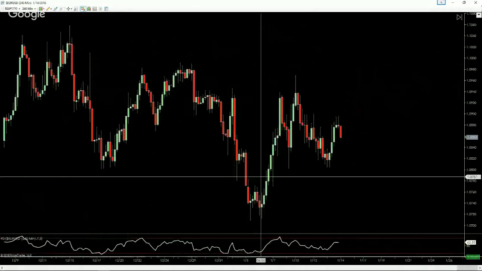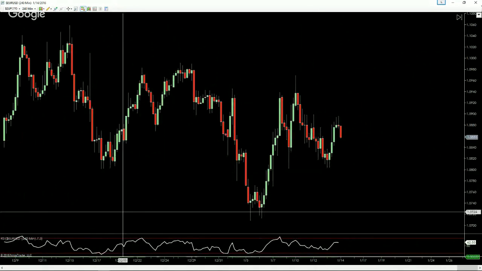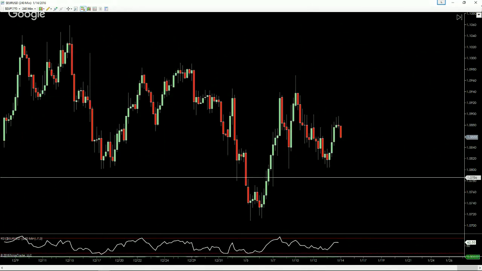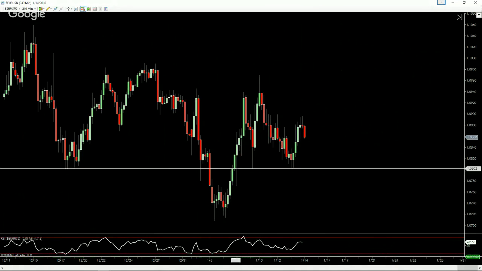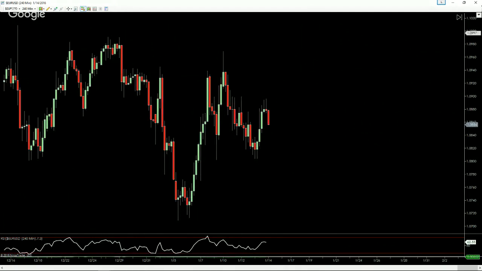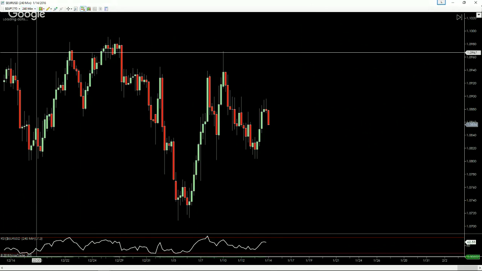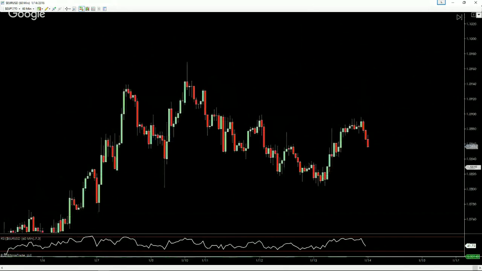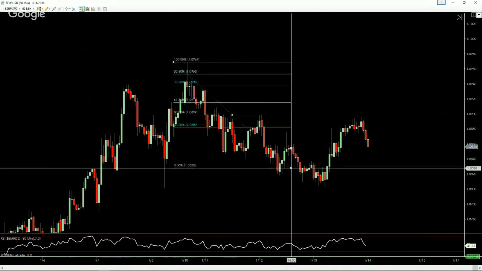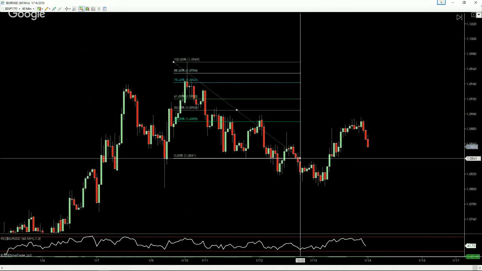On the 240, what we have... There is a pattern right there that's probably easier to see. There you go, in the 60-minute.